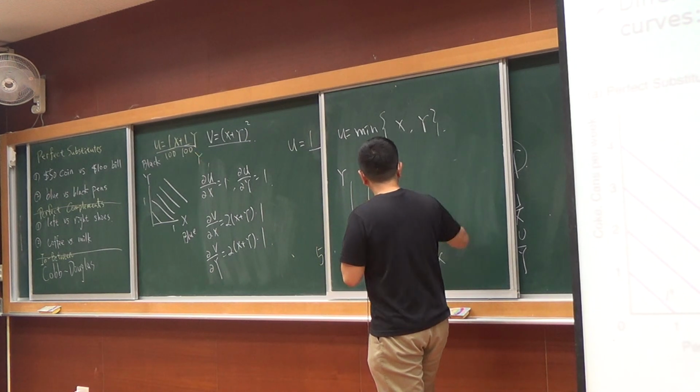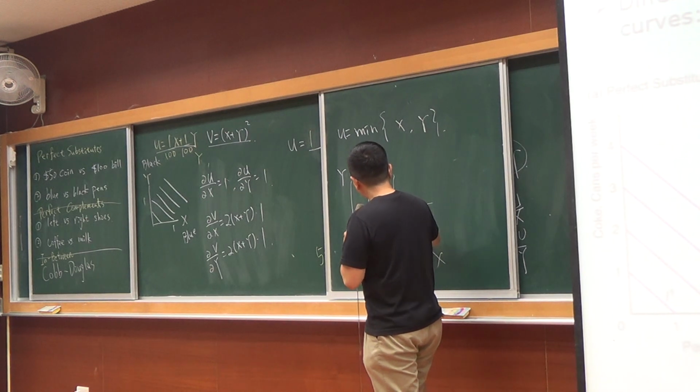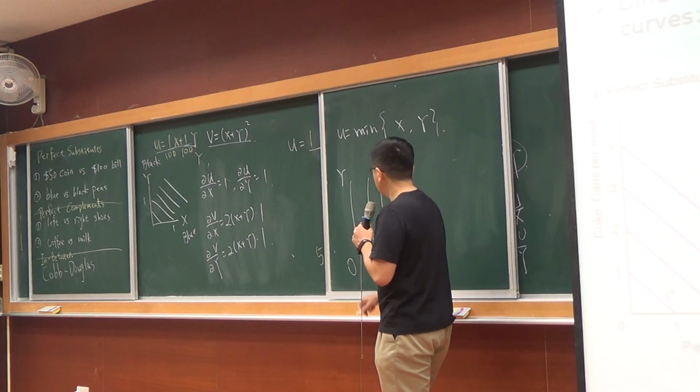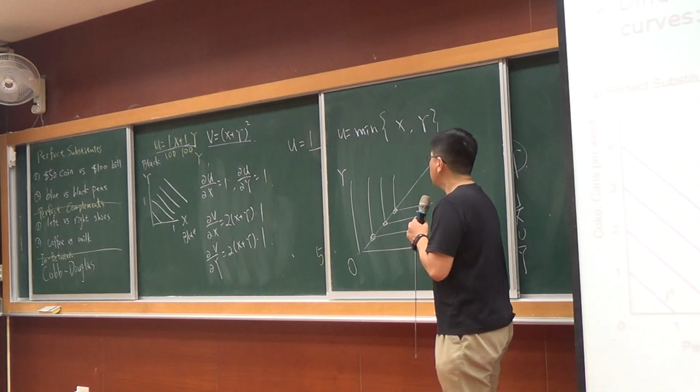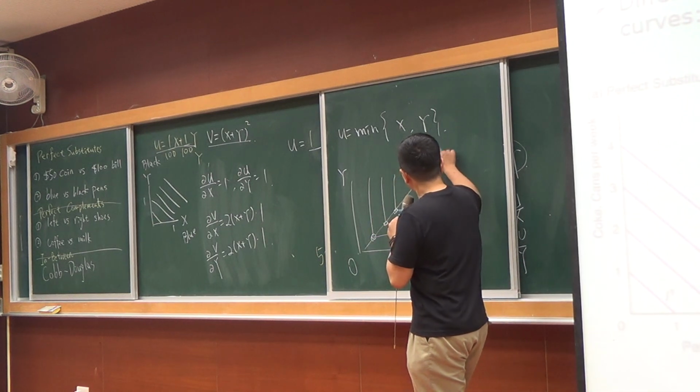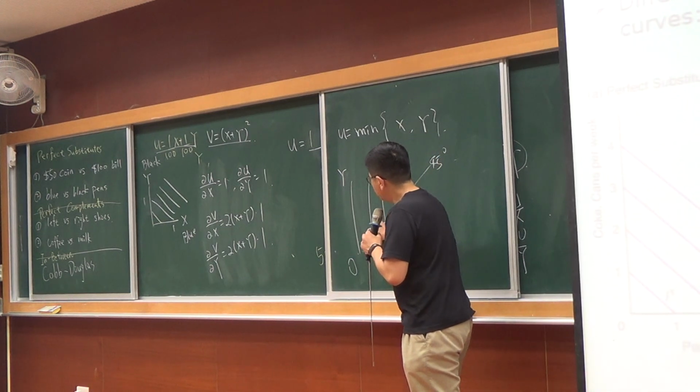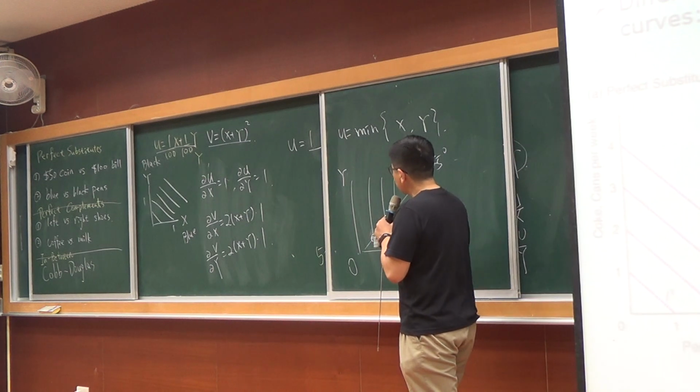So it's 1, 1, 2, 2, 3, 3. 45 degrees for the kinked point, okay?